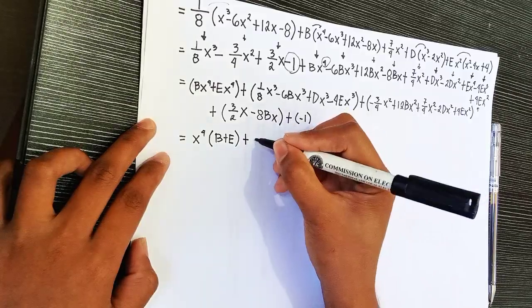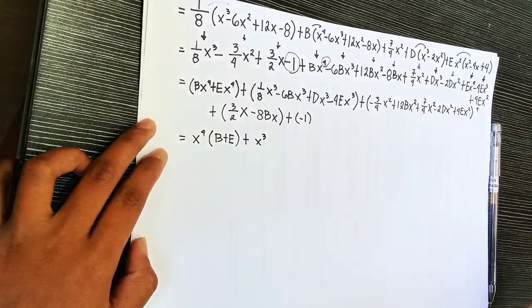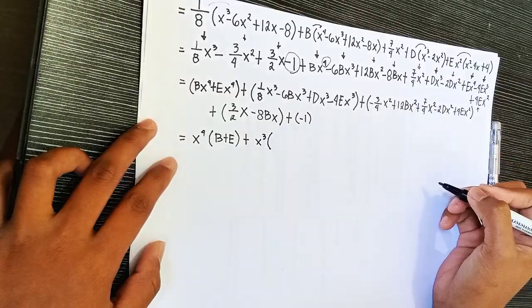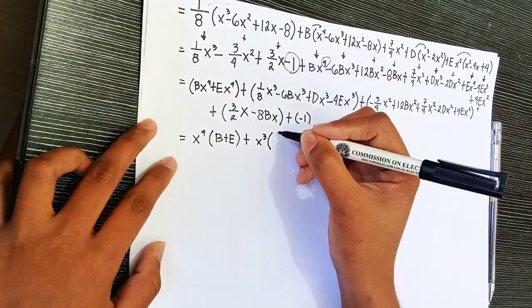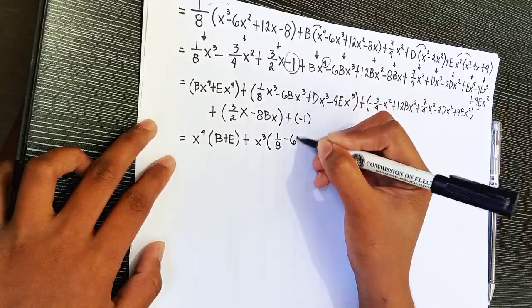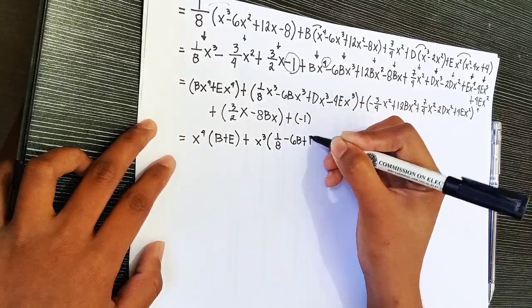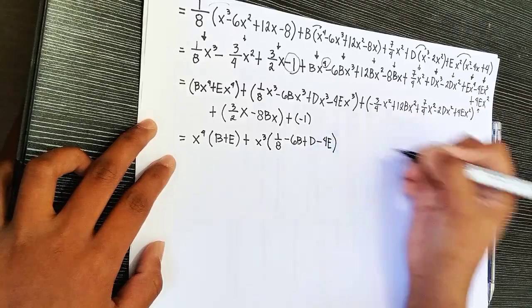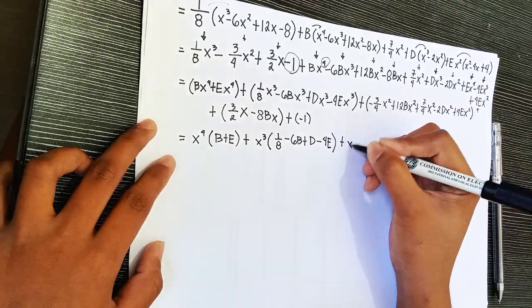Lalabas natin si x cube since lahat sila ay may x cube times yung mga natira, we have 1/8 minus 6b plus d minus 4e. Same lang, lalabas natin si x squared.